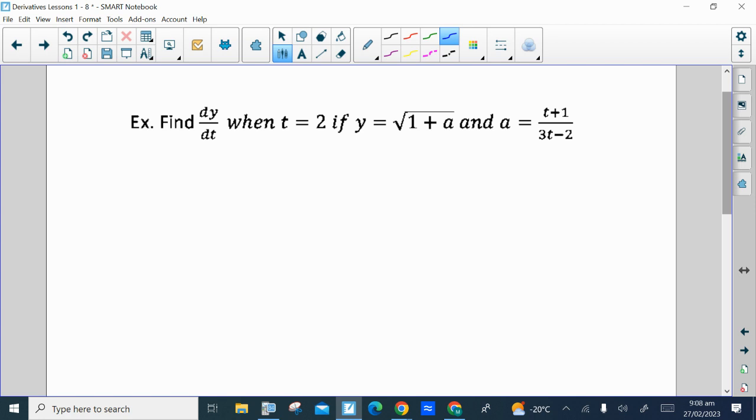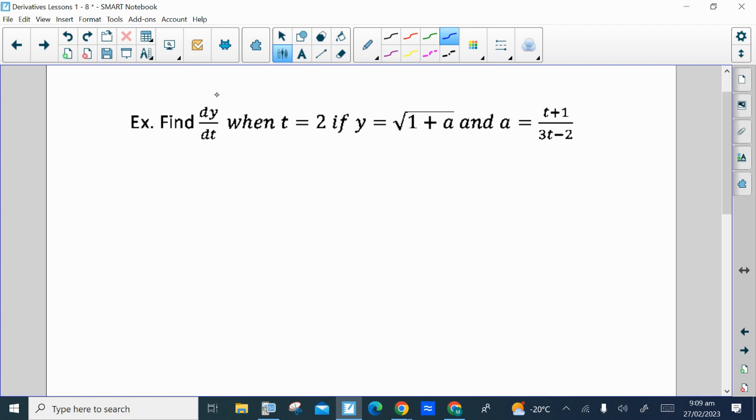So there's a couple different ways you can do this. One of them would be to substitute what you have for a equals t plus 1 over 3t minus 2. You can substitute that back into this first equation and simplify, and then differentiate, because that will give you an expression for y in terms of t, because that's what we want to find.